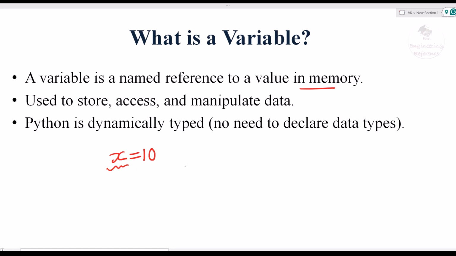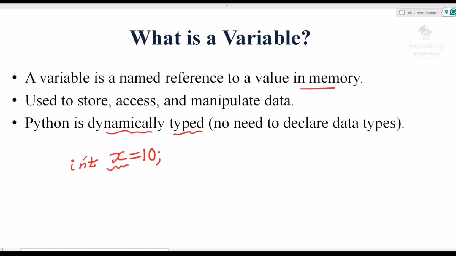In Python, dynamically typed means, for the people who are aware of C and C++, if we want to declare an integer value, we need to use the data type first, then x is the variable assigned with the value 10, then semicolon. So this is the general syntax to declare an integer variable.